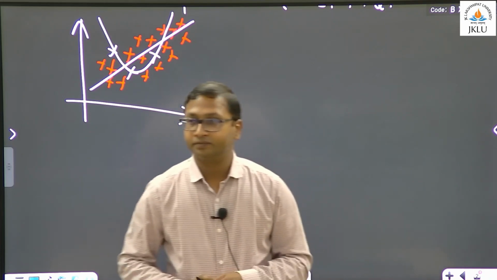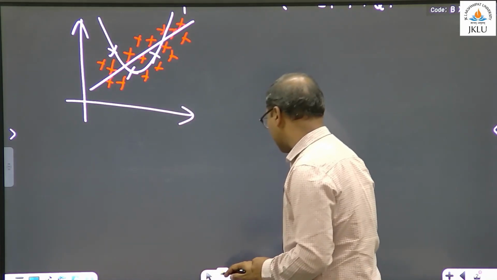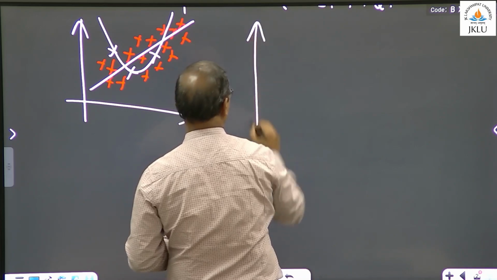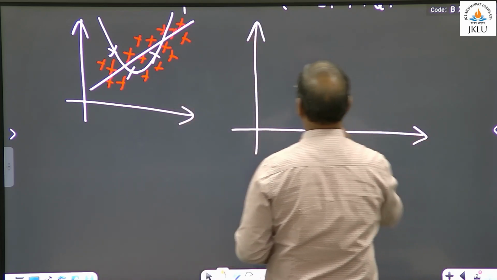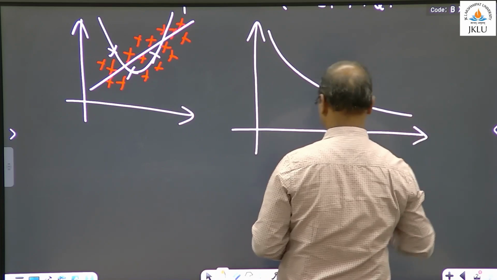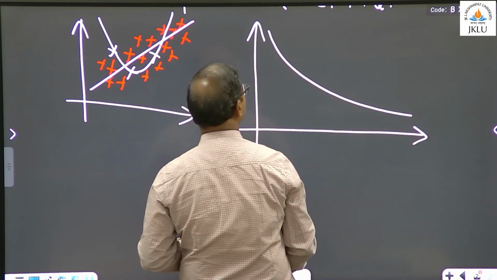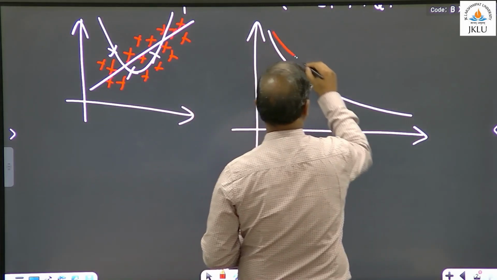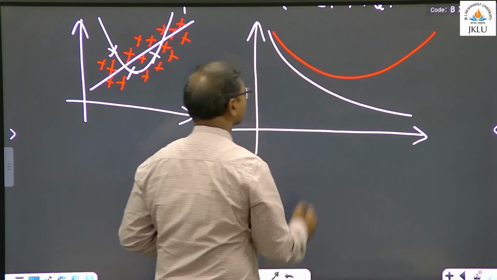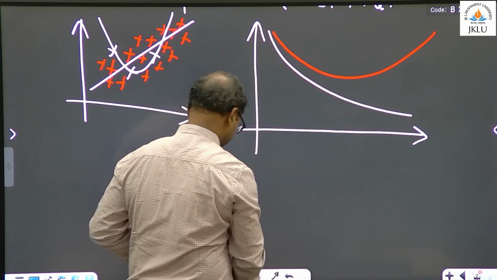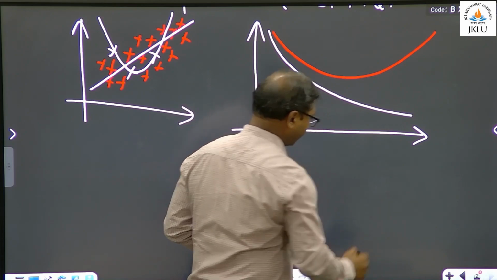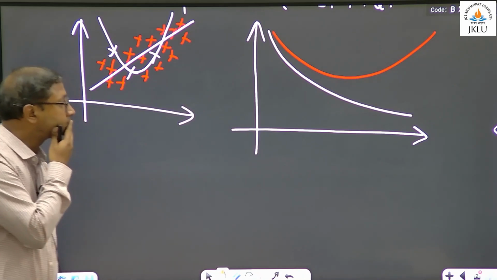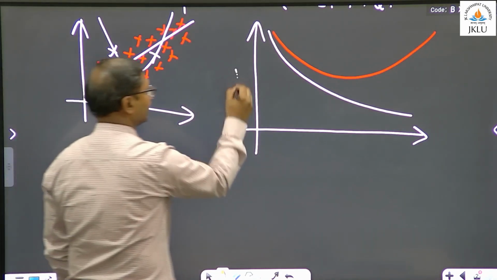Early stopping. So how does early stopping help me? This is my validation set, this is my test set. How does early stopping help me? Of course, this is my J end.